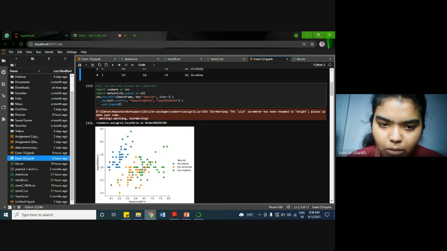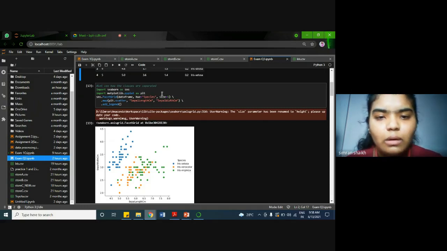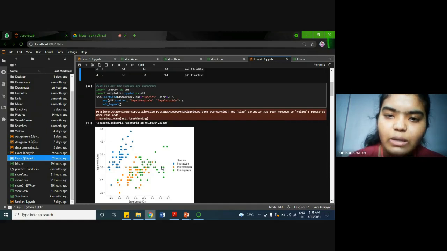As you can see in the scatter graph, there are three different species: Iris setosa, Iris versicolor, and Iris virginica.